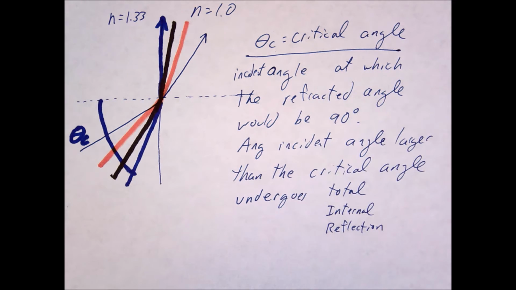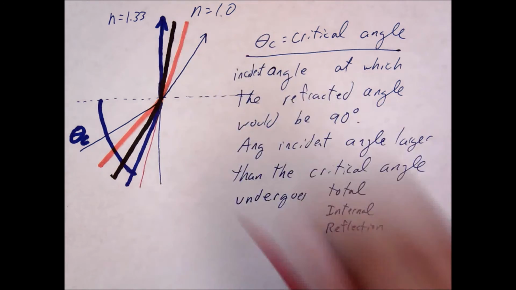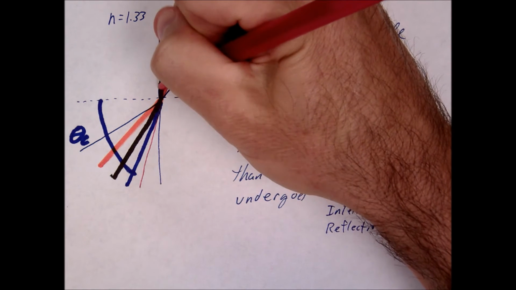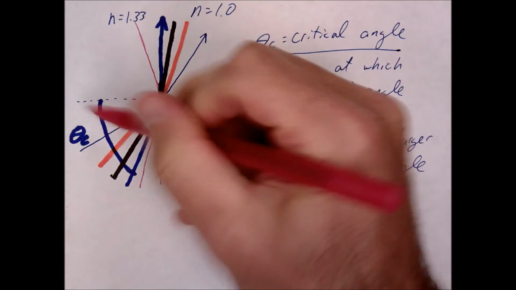But once you go beyond that, if I send this red beam in here, it is no longer going to refract. What it's going to do is reflect. And at what angle is it going to reflect? The same that it came in.